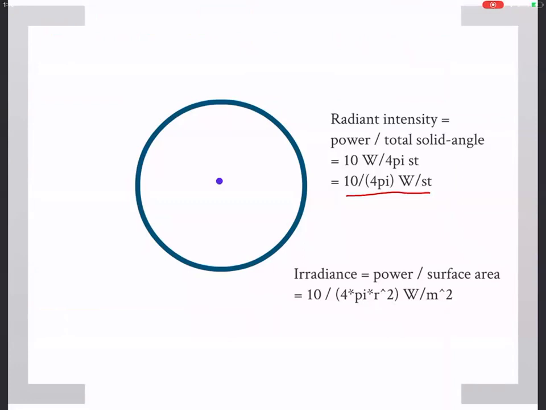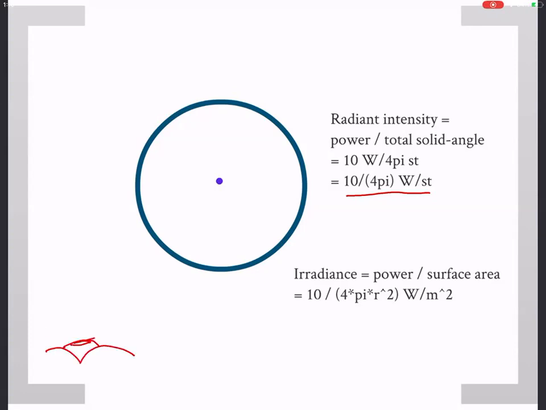Again, my idea here is just for you to conceptually think about these simple problems, because we're going to increase the complexity later on. Now, irradiance is power per surface area, so you need to understand what these things mean. Radiant intensity is power in that unit angle. So again, keep in mind the picture that I drew some time ago.